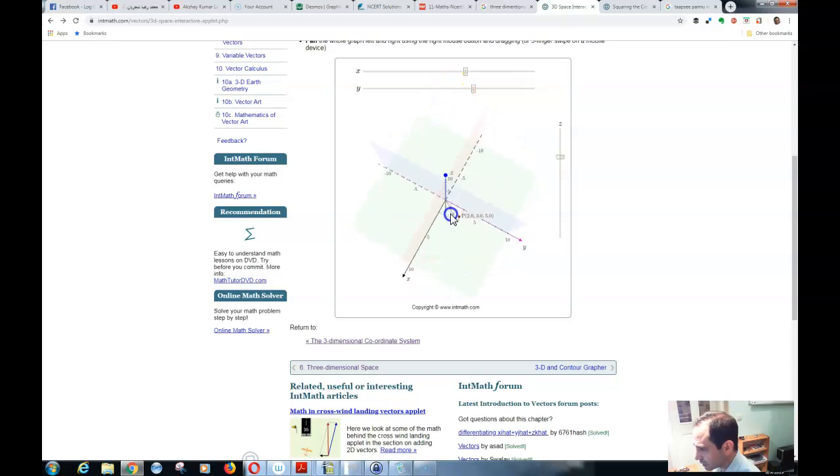If you go to the second octant, your Y is still positive, your Z is still positive, and your X is going to be negative. Go to the third octant over here. Again, your X is negative, your Y is negative, your Z is positive.